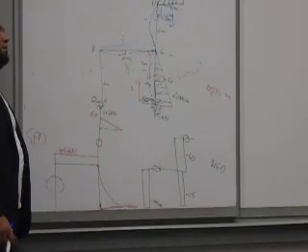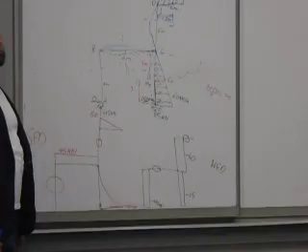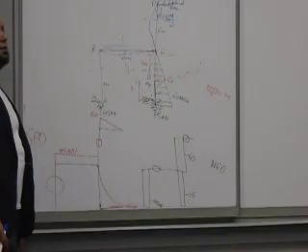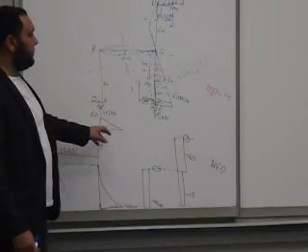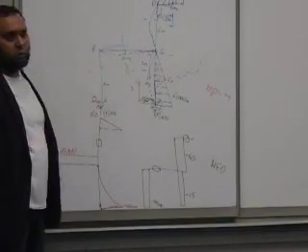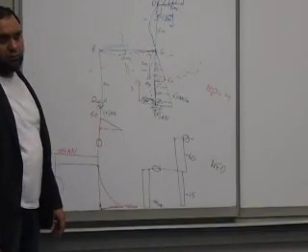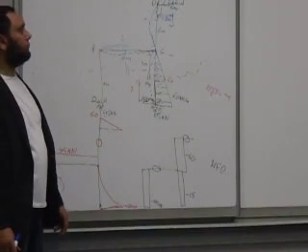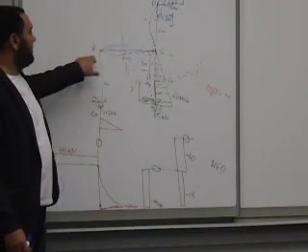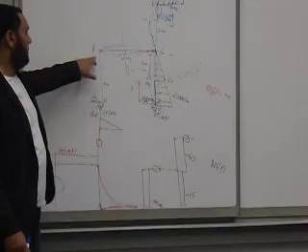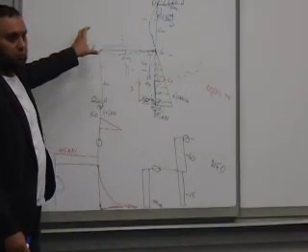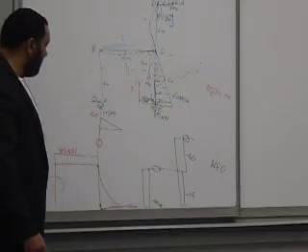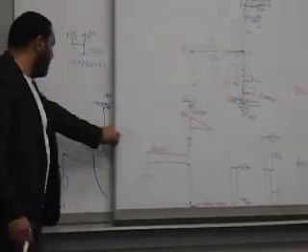Oh, the question is, is it better or worse? Depends on the case. In a case like this, maybe it would have been better to have this as a rigid connection. Why? Because when this thing transfers moment, you will have a reduction in the value of the bending moment here.